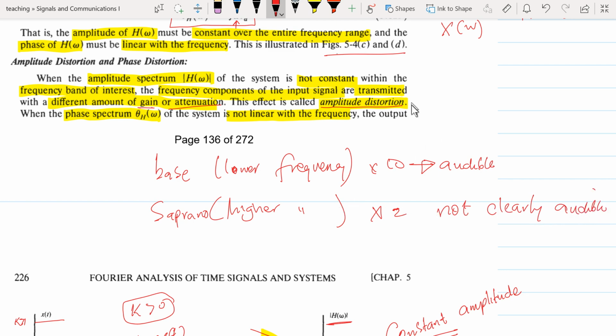So that is an example of amplitude distortion, where different frequency components have different amounts of gain when they are transmitted through a system.